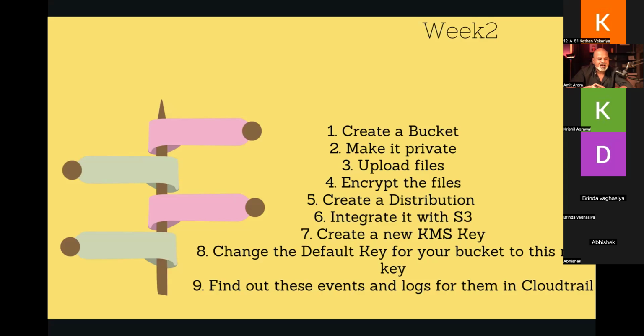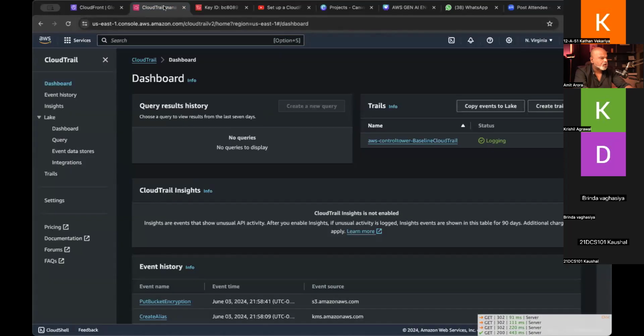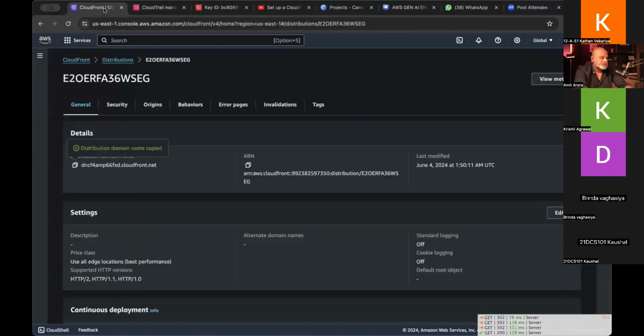I will ask you to search for events and logs where it says that we have changed the default S3 key to this new KMS key we created. That would be an interesting thing for you to try out, and you will get to know about CloudTrail. So let's move on, and let me start showing you how to do things instead of talking about it.